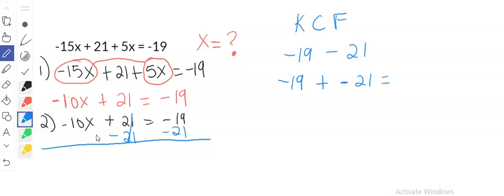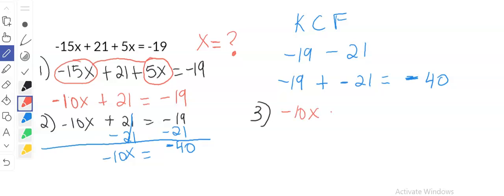So negative 19 plus negative 21 will have a negative sign, and that will be negative 40. So that negative 40 will be here, equals negative 10x.